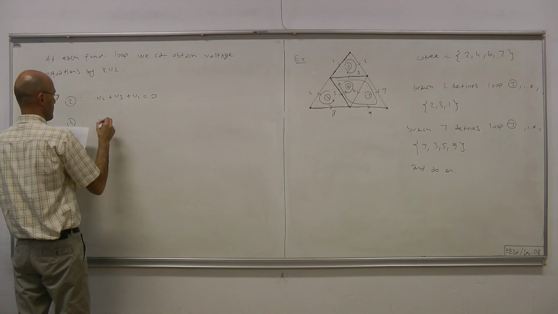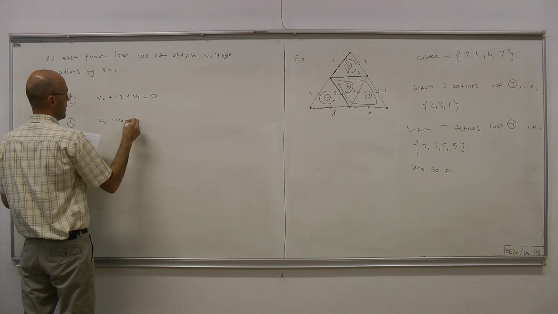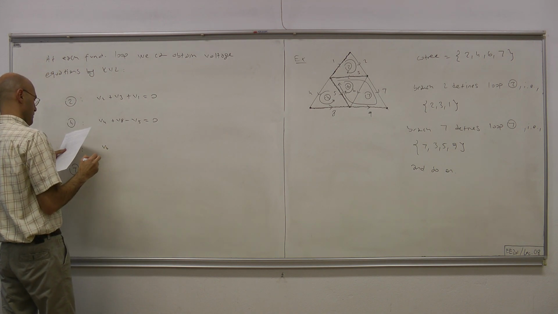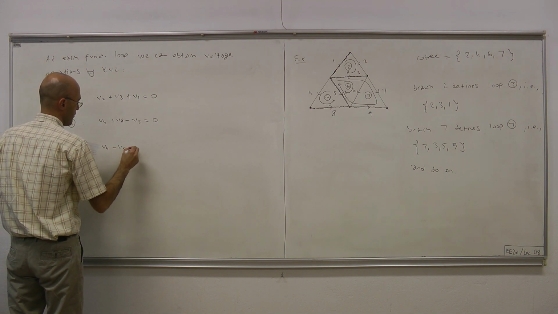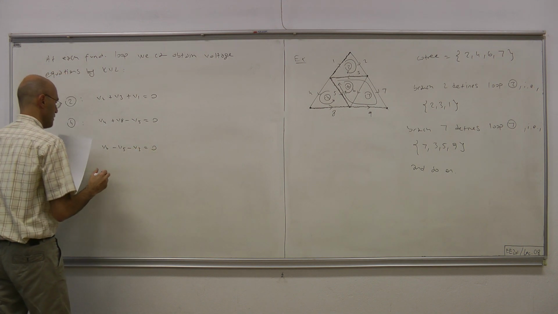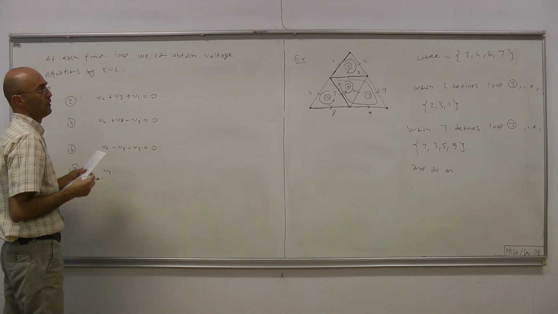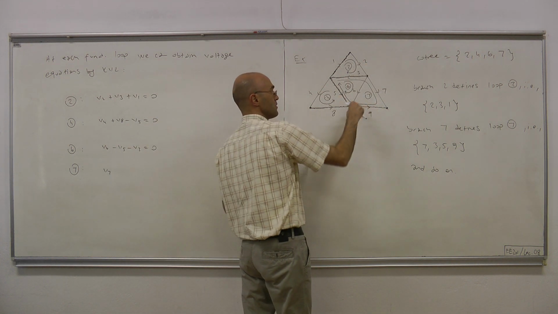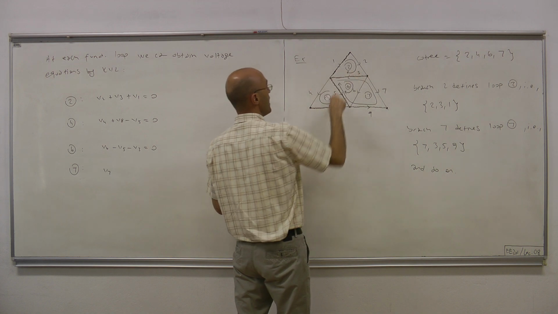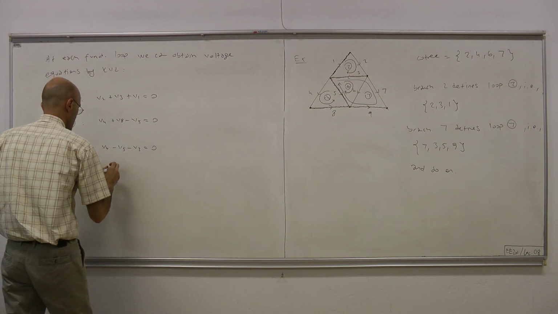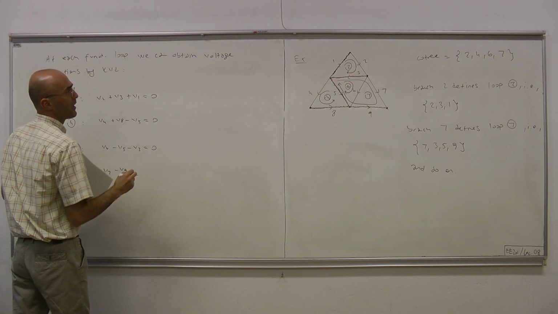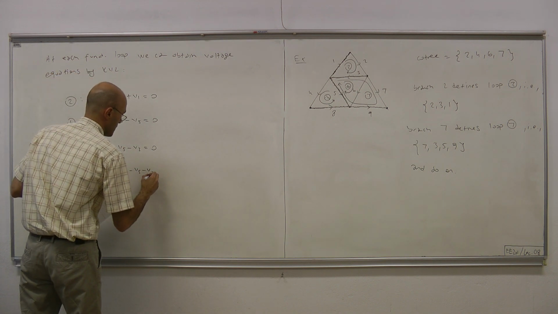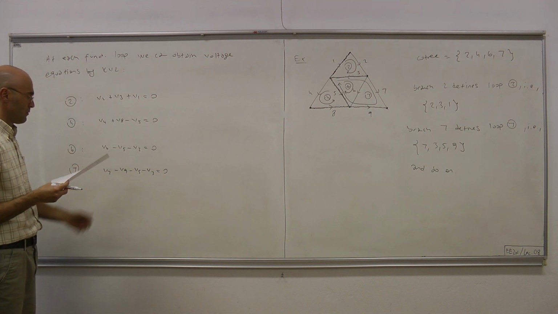For loop 6, we have V6 minus V5 minus V3 equals 0. And finally for loop 7, V7 minus V9, because the direction is opposing to the loop, minus V5 minus V3 equals 0.